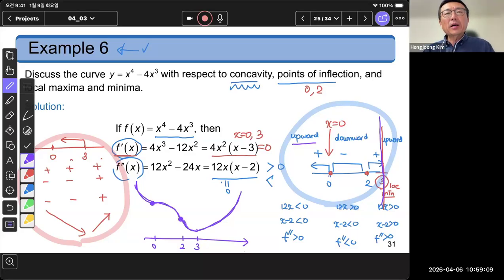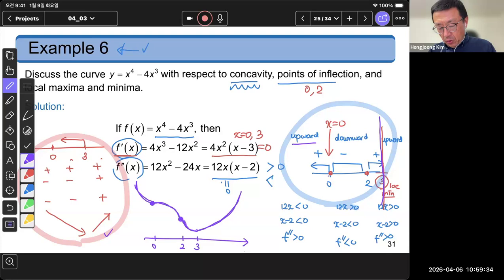So if I combine these facts, my graph can be improved. Previously, I had this one inside the red circle, where just decreasing or increasing information can be considered. But if I combine the concavity, I can fine tune each decreasing or increasing portion.